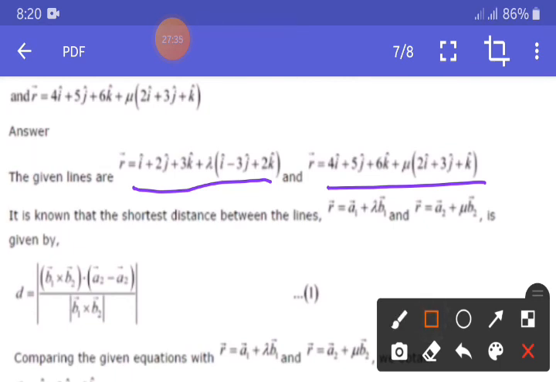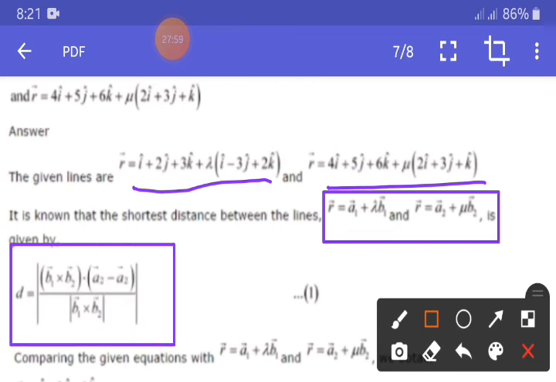It is known that the shortest distance between the lines r vector equals a1 vector plus lambda b1 vector, and r vector equals a2 vector plus mu b2 vector, is given by d equal to modulus of (b1 vector cross b2 vector) dot (a2 vector minus a1 vector) divided by modulus of b1 vector cross b2 vector.